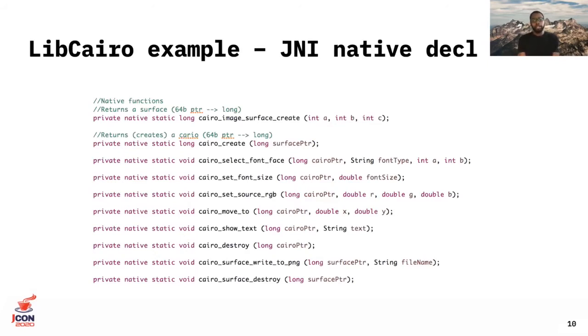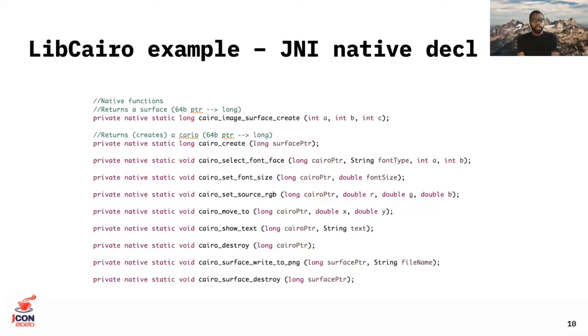The one thing you'll notice is that because in Java there's no way of representing native types, we have to use longs to represent pointers. This is one of the drawbacks, as you're essentially losing type information. If you have very complex code, that type information can be very important in understanding what you're doing, and not having it can lead to bugs.